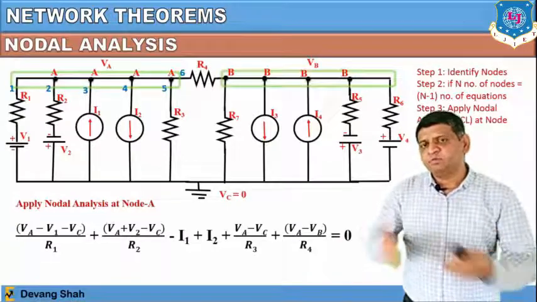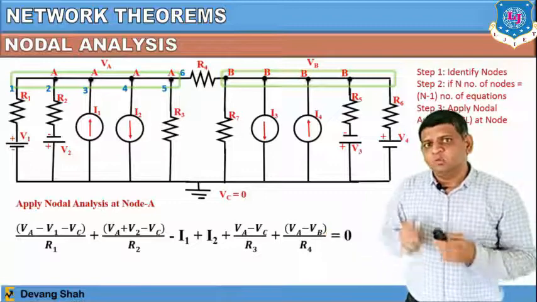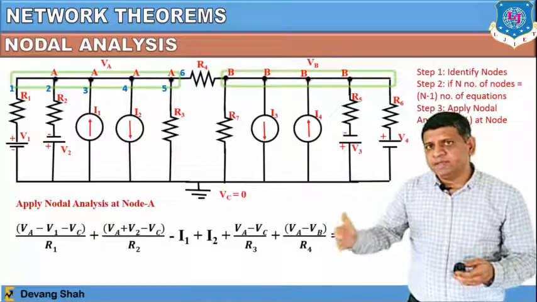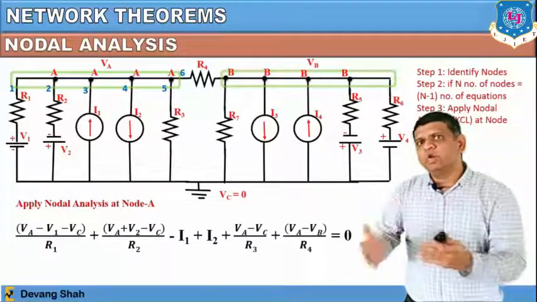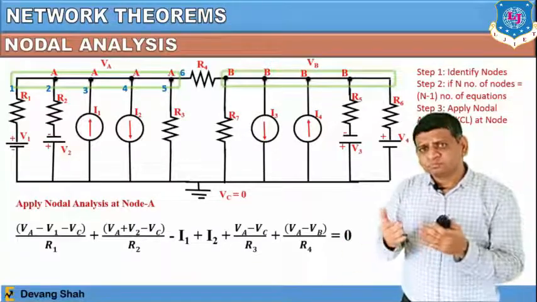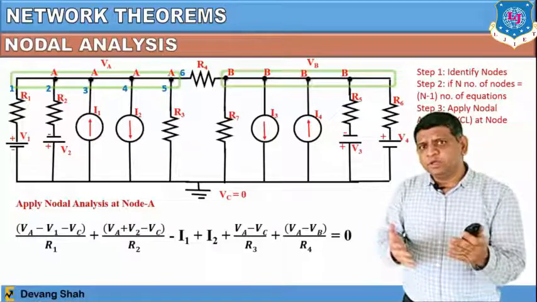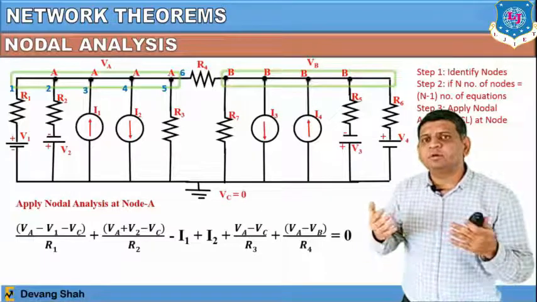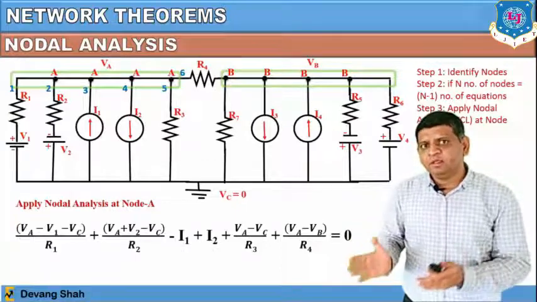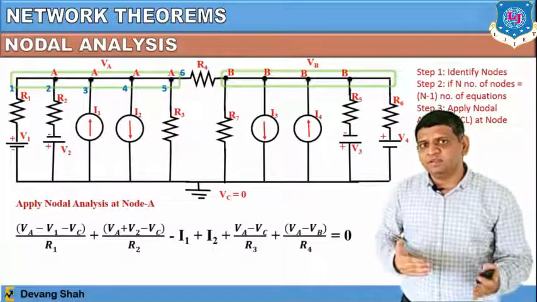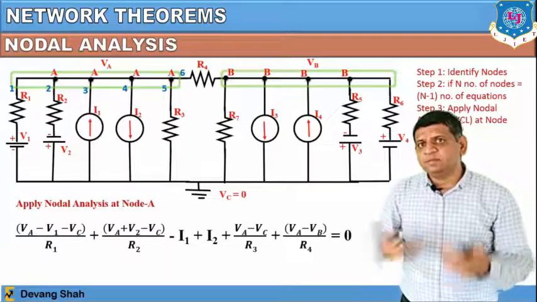So, your first term from the first branch is VA minus V1 minus VC divided by resistance R1. As per Ohm's law, V is equal to I into R, so here we have taken the form of current, I is equal to V by R, right. So, your first term is VA minus V1 minus VC divided by R1, that is represented as your current I1.